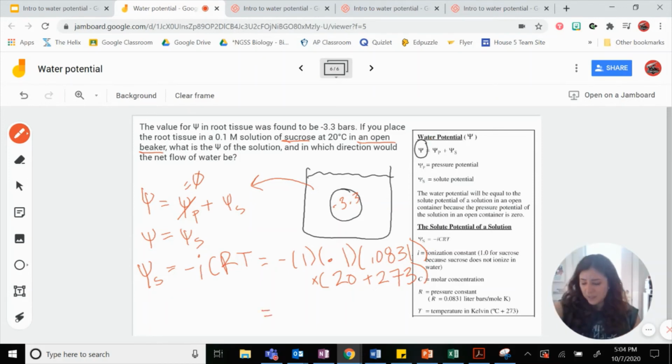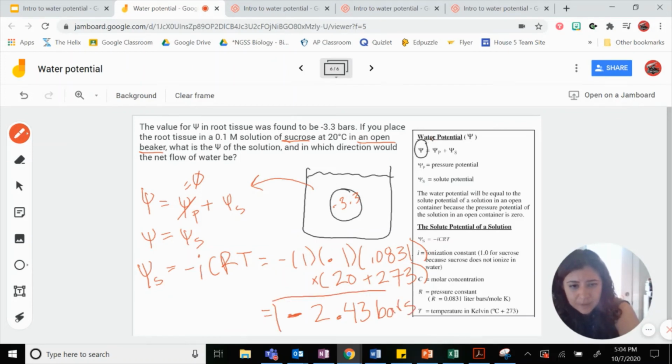Okay, let's plug that into our calculator and see what we get. So we get 2.43, but don't forget the negative, right? Don't forget that negative. Negative 2.43 bars. Okay, so that's the first part of the problem.